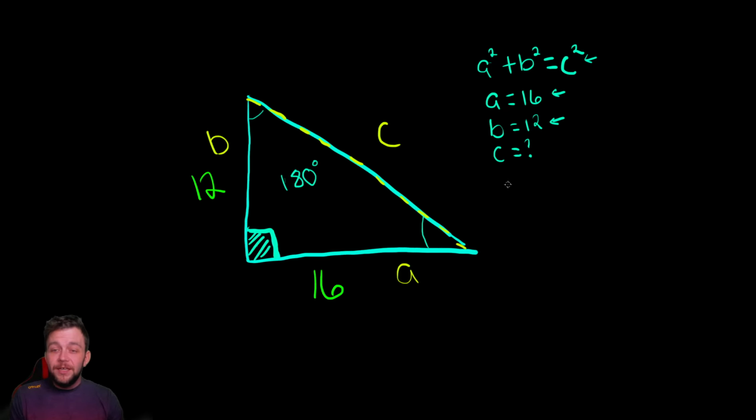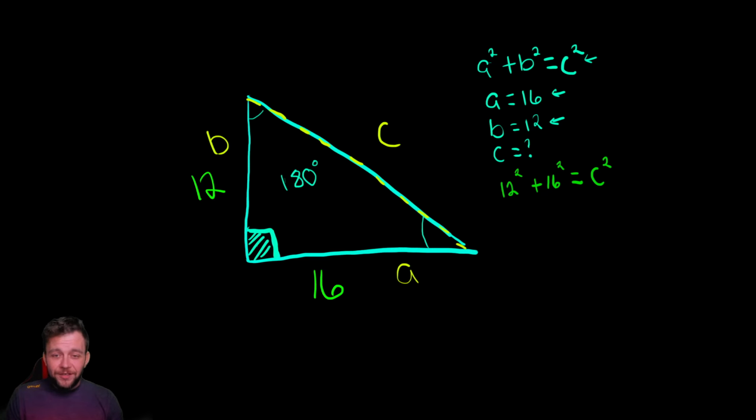We plug in our 12 for a, so 12 squared, plus, and then b squared is 16 squared, and that will give us our c squared. So we have to sum those two.